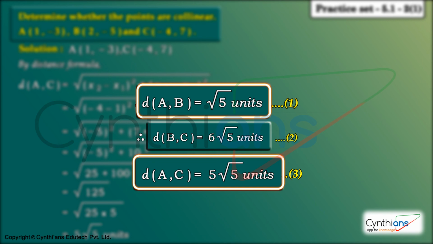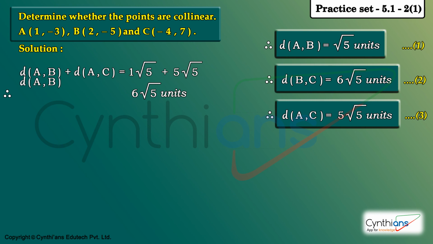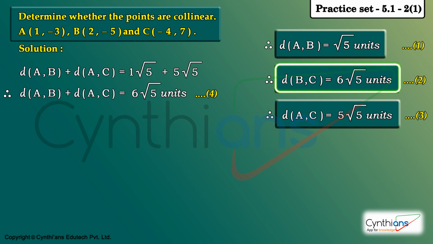So let's add them. Let's add equation number 1 and equation number 3. It gives us distance of AB plus distance of AC is equal to 1 root 5, that is root 5, plus 5 root 5. So 1 root 5 plus 5 root 5 gives us 6 root 5 units. Therefore, distance of AB plus distance of AC is equal to 6 root 5 units. Mark it as equation number 4. Now compare the leftover equation and equation number 4, the new one.